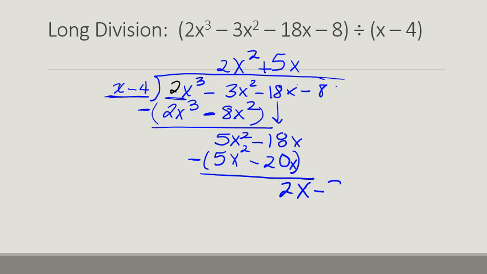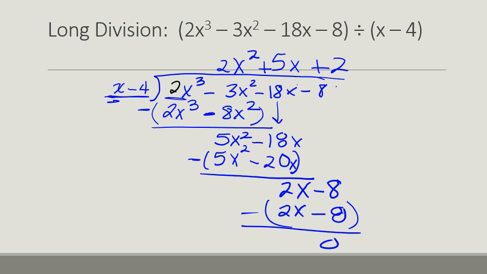And then minus 8. So what do I multiply x by to give me 2x? Well, that would just be 2. So if I multiply the x minus 4 by 2, I get 2x minus 8. And if I subtract those, I get a remainder of 0. So my answer to this division problem is 2x squared plus 5x plus 2.